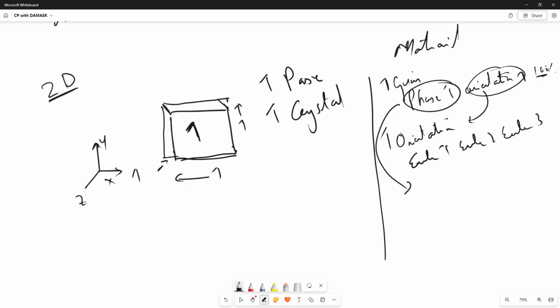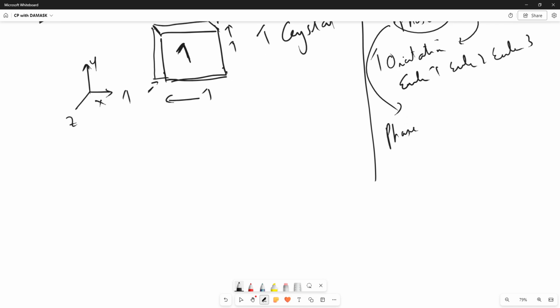And then for this phase, what we define is the critical shear stress, which crystal orientation it has, how many slip systems it has, what is the critical shear stress for every slip system, what is the hardening rule, and all these attributes.